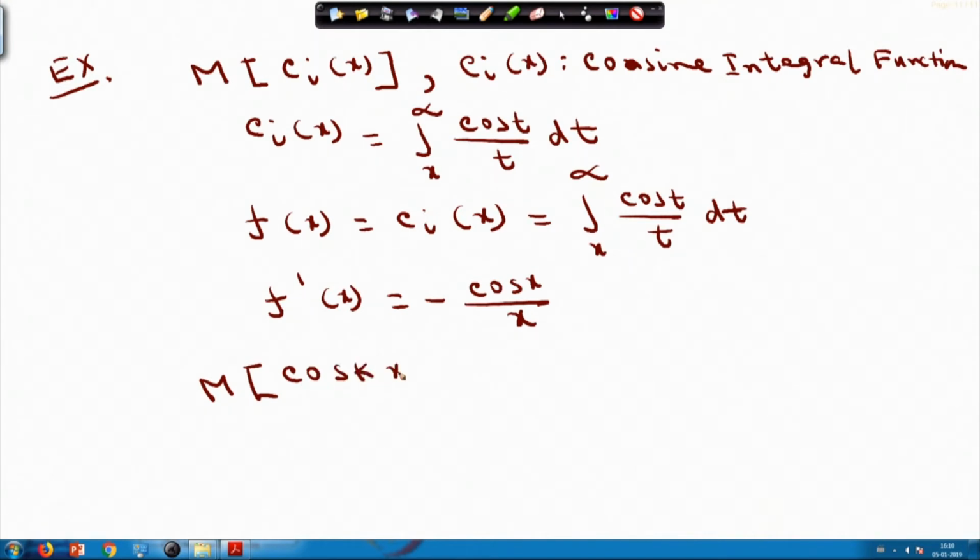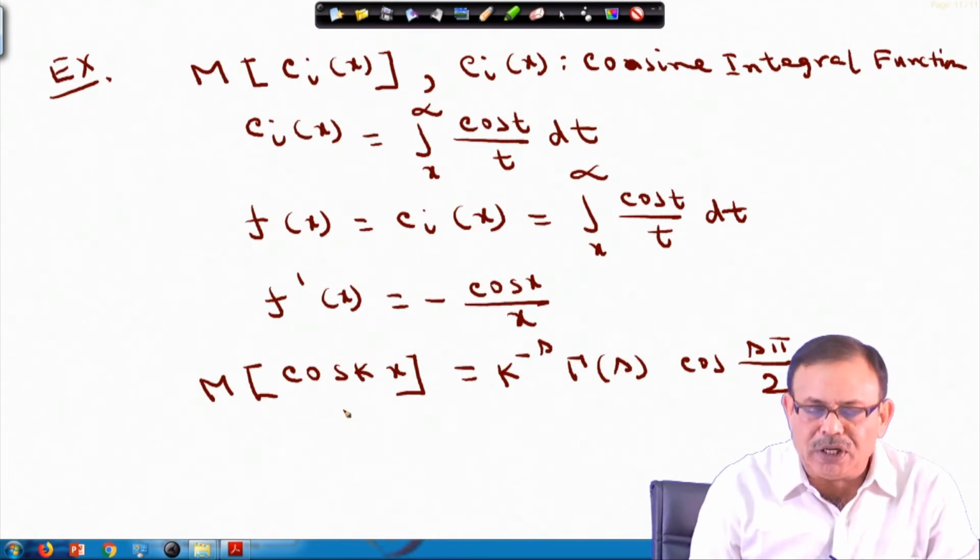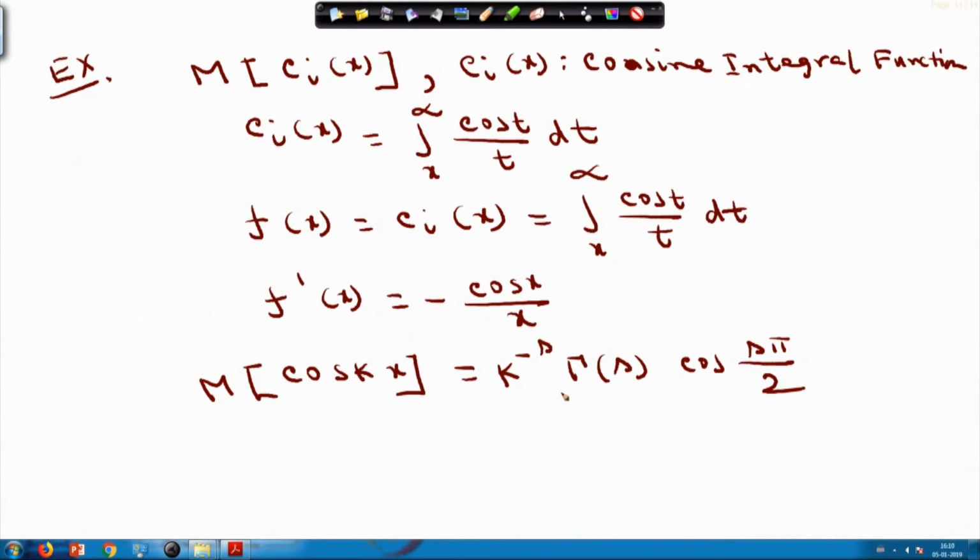If you recall, the Mellin transform of cos kx equals k to the power minus s gamma s into cos (s pi by 2). This we did in the last lecture. So, from here you can write the Mellin transform of cos x; k will not be there. It is gamma s into cos (s pi by 2).